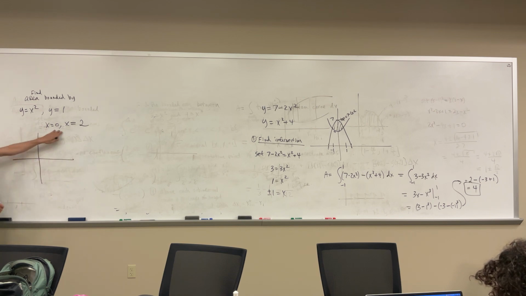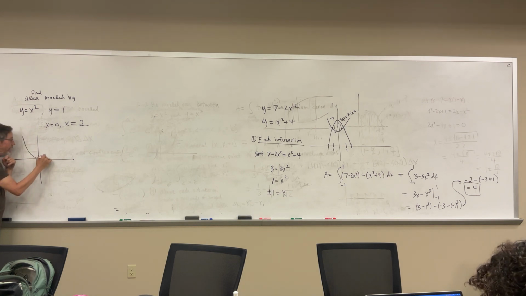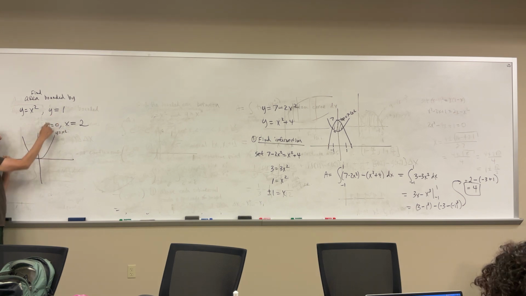What do these lines look like? These two. What kind of lines are these? Vertical lines, right? Yeah, exactly. So these are vertical lines. So let's take a look here. So y equals x squared, that guy. y equals 1, right?